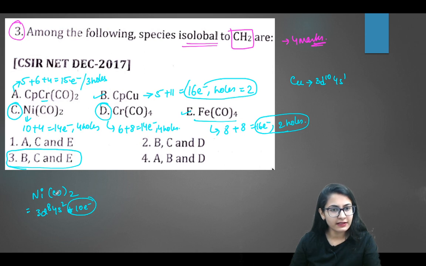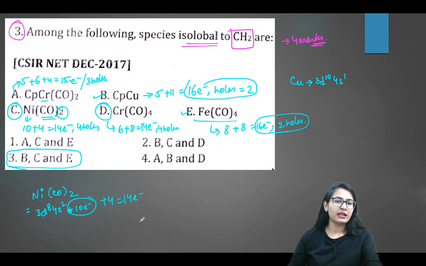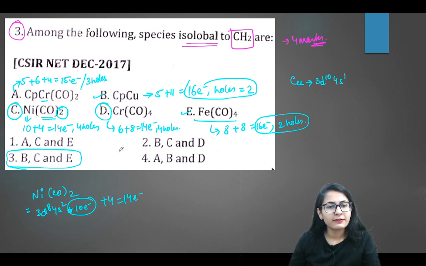And if it is given that it is carbonyl and only 2 carbonyls, it is only donating 4 electrons, so this is a 14 electron species only. Yes, I'll just check this question once again, there might have been some misprinting or something. But yes, for this question right now, we are having option number B and option number E. Okay, I'll link in the description what this question is. Okay, so the answer has to be the third one only, B, C and E.